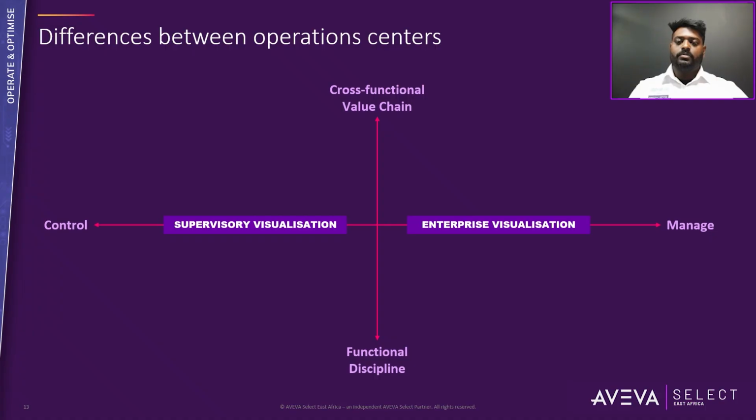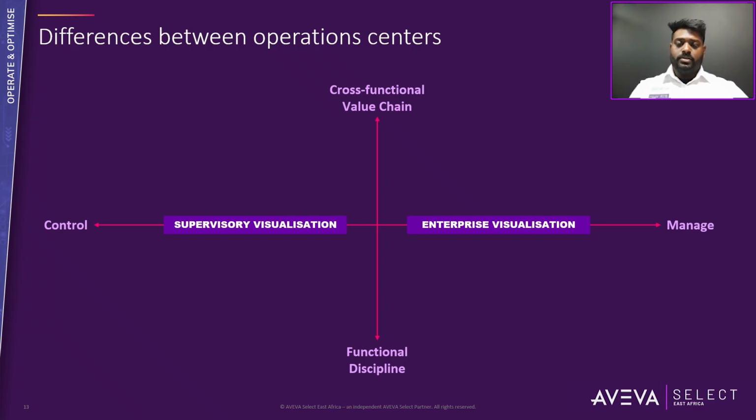Based on functional use, this means that the more focused an application is to the precise process equipment, viability, and operation of these aspects, the more aligned it is to the functional discipline. Applications with a broader view become cross-functional and look at the wider value chain performance and implications of the business.